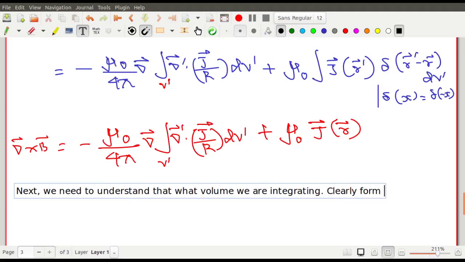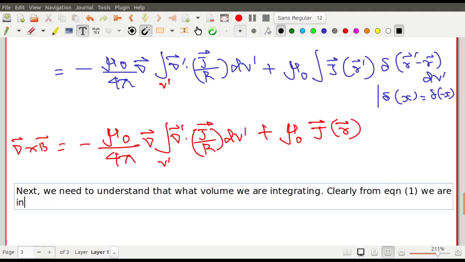Clearly from equation 1, we are integrating over a volume containing the current. Current I write within bracket J vector, we just add up a vector.